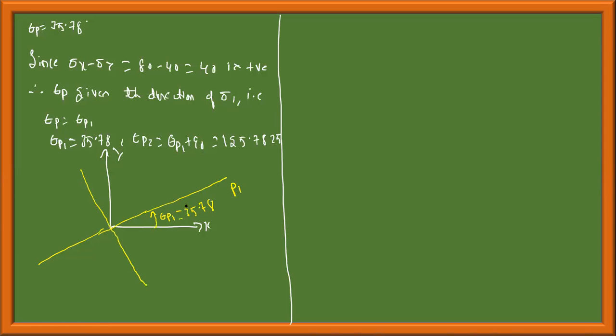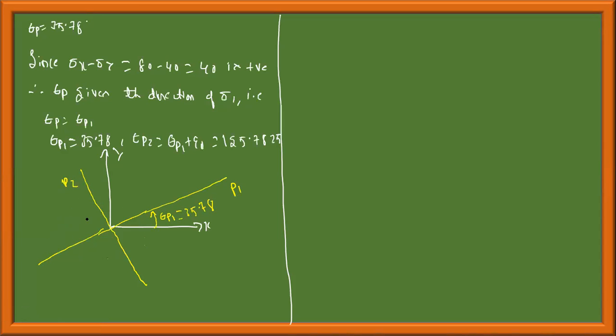This is plane p1, plane p2, draw the plane. This is theta p1. 90 plus theta p1 is equal to theta p2. This is p2.